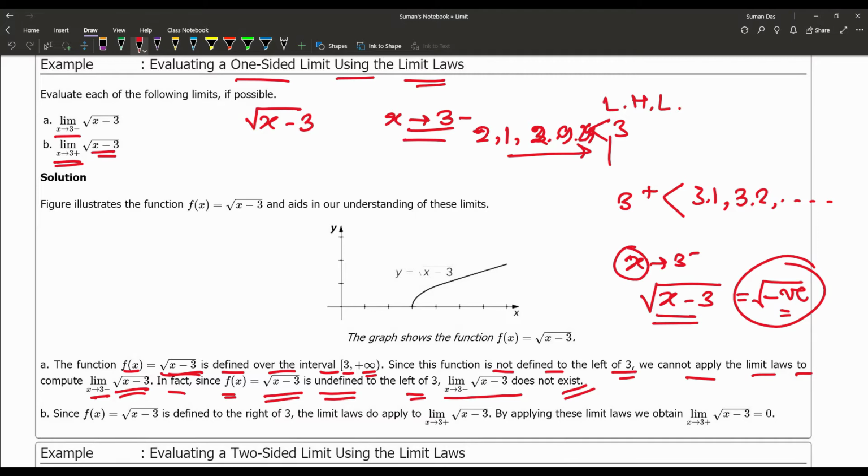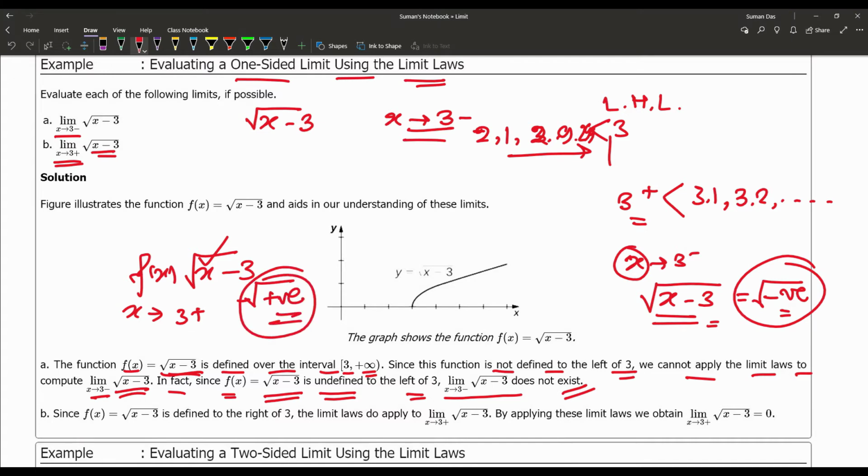Now look at the second part, that is f(x) equals the square root of x minus 3, but for x approaching 3 plus. 3 plus means the value of x is greater than 3, while 3 minus means the value is less than 3. So that was negative, but here x is greater than 3, so the value is the square root of a positive and we can find a value.